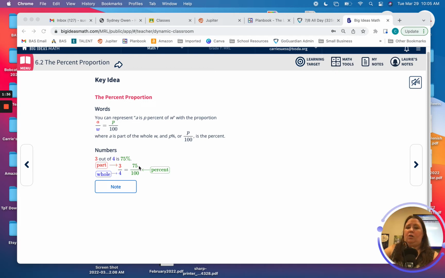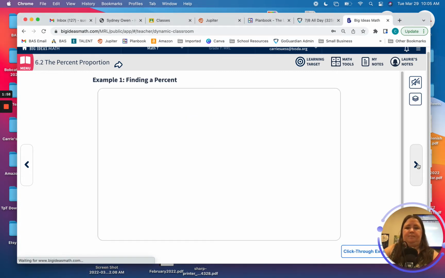What times 4 gives me 100? 25. Then 25 times 3 gives me 75. Any number over 100 can be converted to that number as a percent. That's all this is telling you. So let's go do an example.